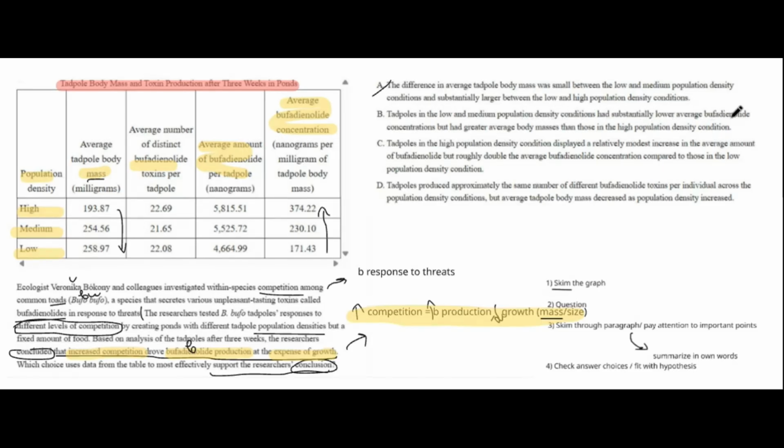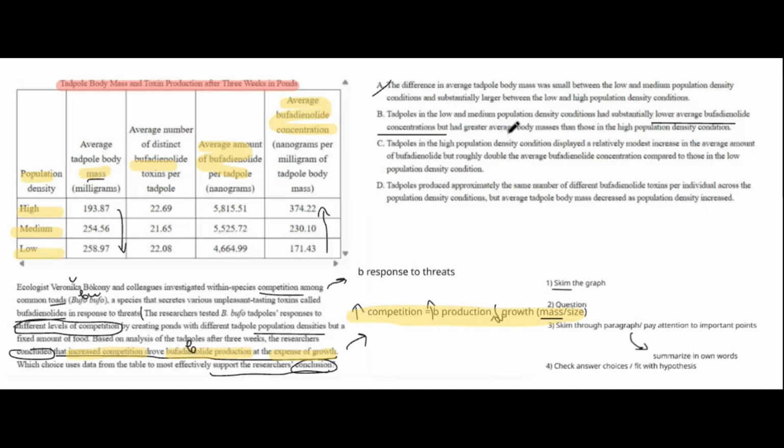Now for answer choice B, tadpoles in low and medium population density conditions had substantially lower average B concentrations but had greater average body masses than those in high population density conditions. Now in this one it says that if it were in low and medium population density conditions, then there was lower B production. However, the average body mass was higher than those in high population density conditions.